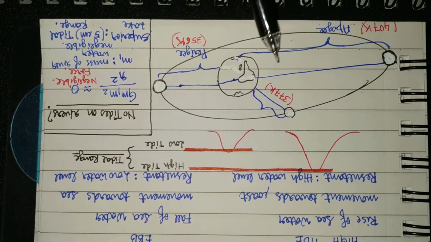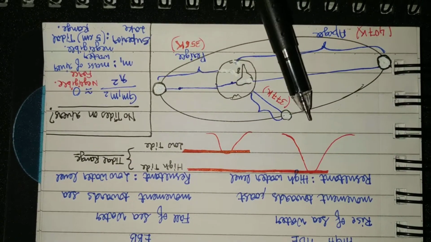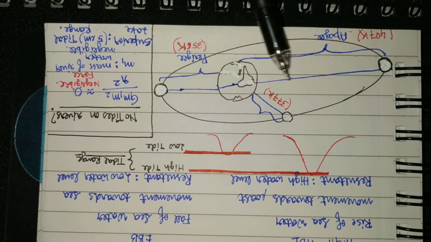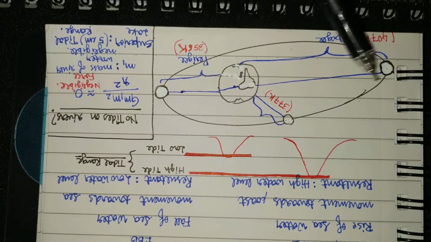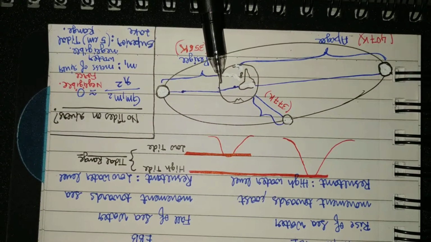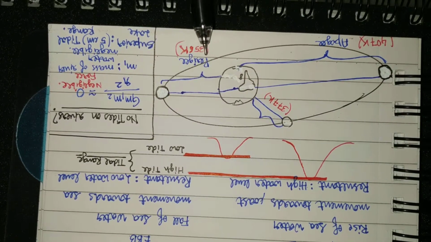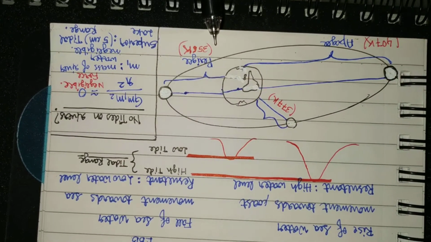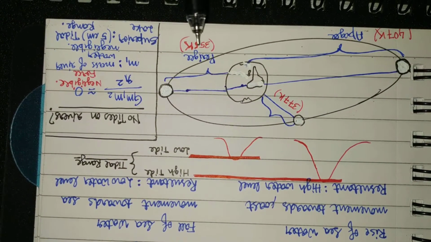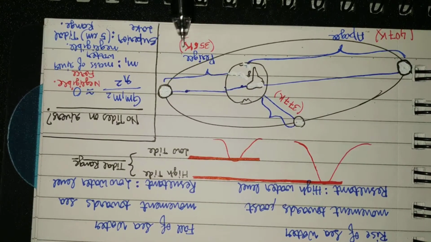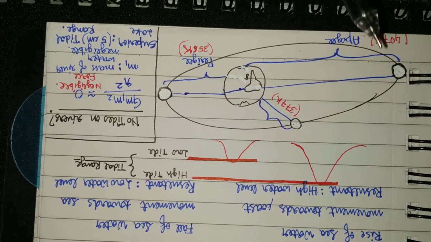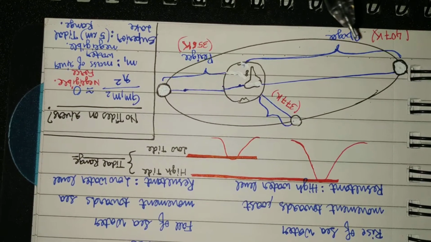Now if we see the Earth and the Moon, the distance between the Earth and the Moon, when it is the least, is known as the perigee. The distance is around 356,000 kilometers. The largest distance is that of apogee.